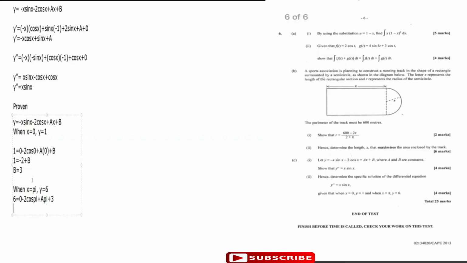So we're going to subtract 3 from both sides to get 3 is equal to, what's the cos of pi? The cosine of pi is minus 1. That works out to be 2 plus a times pi.